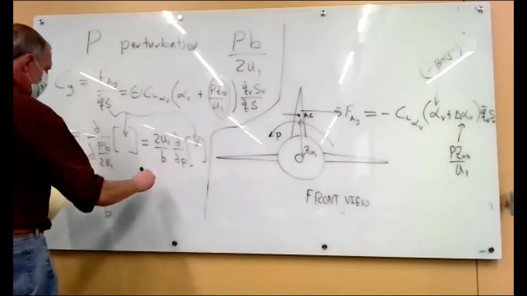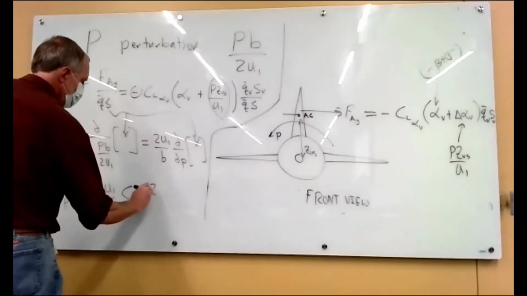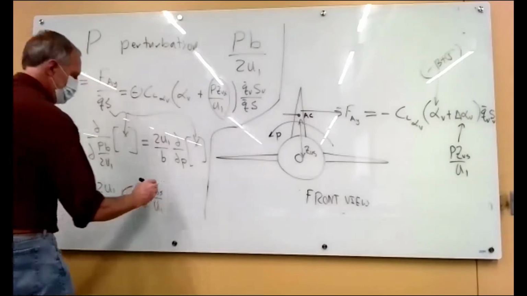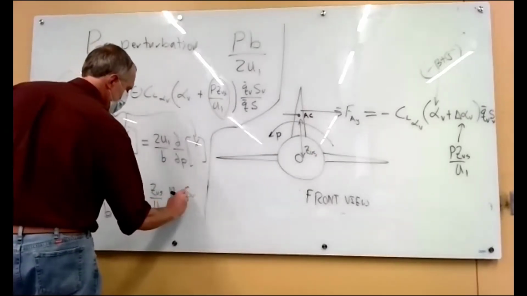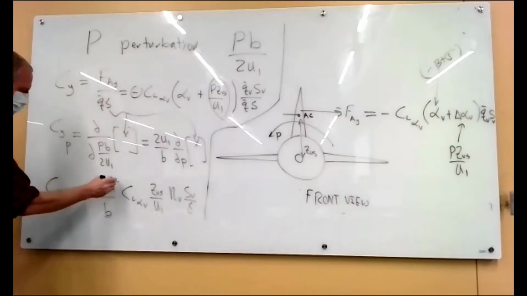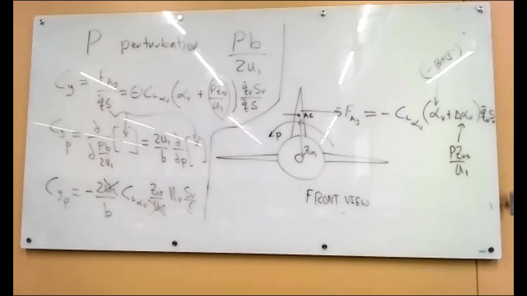So if we do that derivative, we get a CL alpha V, ZVS over U1, times SV over S. Did I forget something? And again, the U1s cancel, which is nice, because this does not depend upon how fast we're going.